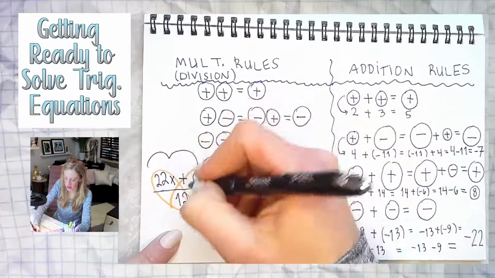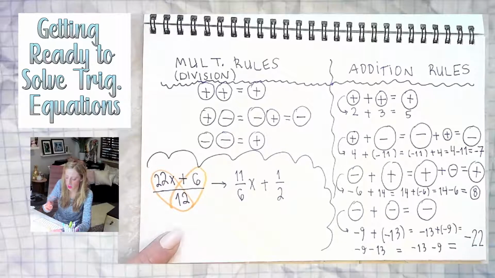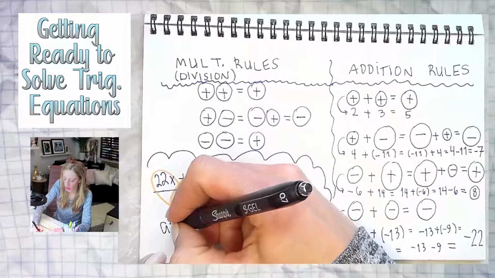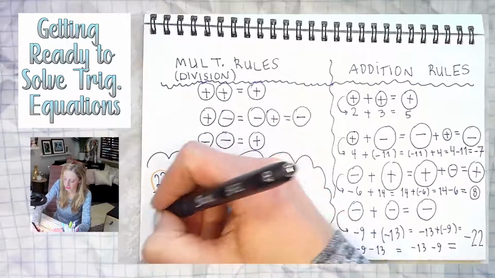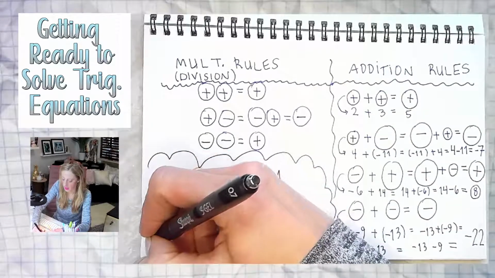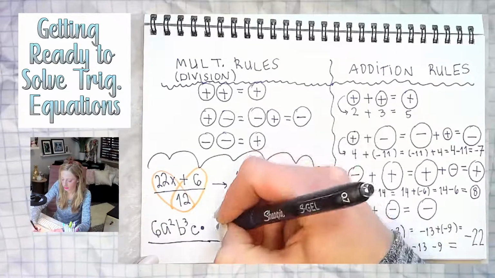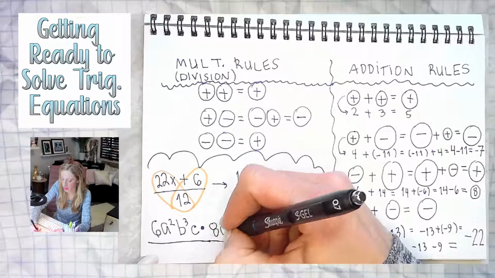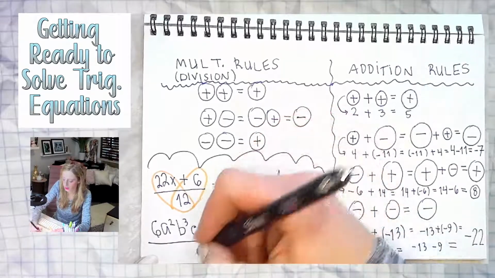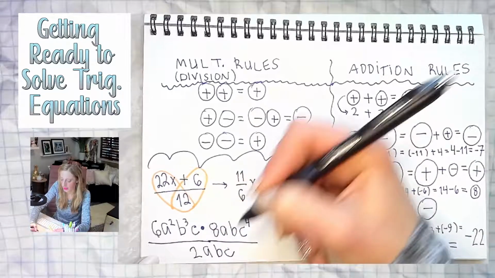Even if it matched that last number at the side and you want to cross it out, it becomes a 1, not a 0. However, if you have a squared, let's do 6a squared b to the third c times 8a b c to the fourth, whatever, over 2a b c.